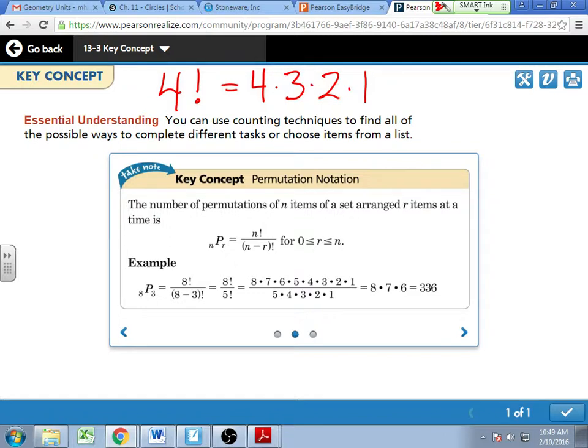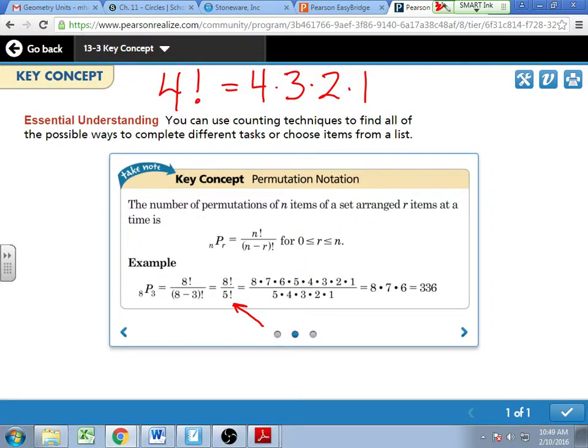So that's why then we divide by n minus r factorial, because it says a set of n items arranged r items at a time. So we say we have a certain number of books and we want to put a certain number on the shelf in order. So this stops us from over counting. The division on the bottom gets rid of all those situations that can't occur because we've already done something.